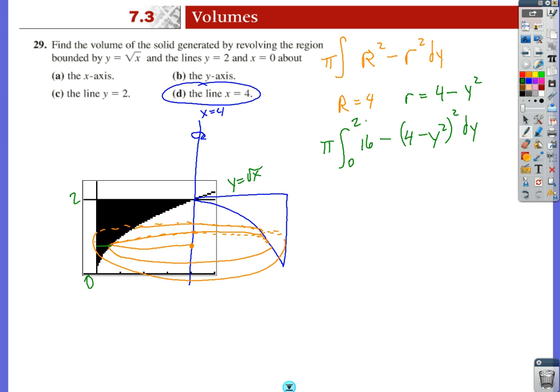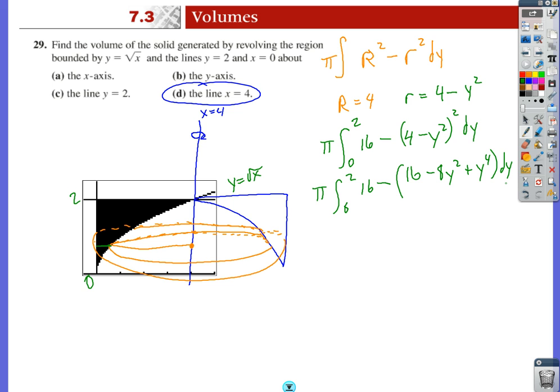Now I have to FOIL. So you get pi times the integral from 0 to 2 of 16 minus, and I'm keeping the parentheses there so I can keep track of my negative, 16 minus 8y squared plus y to the 4th, dy.